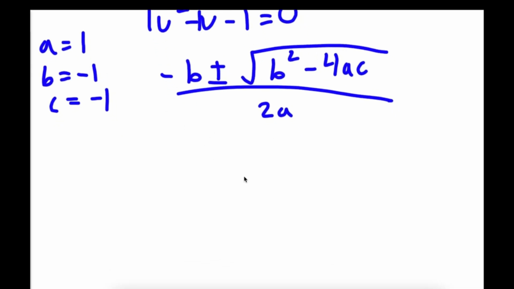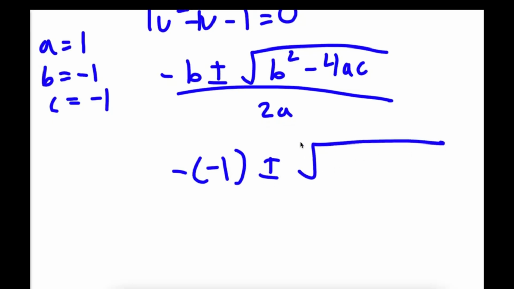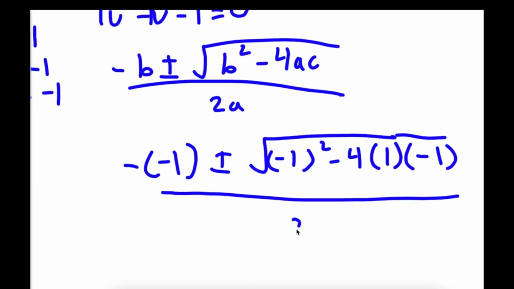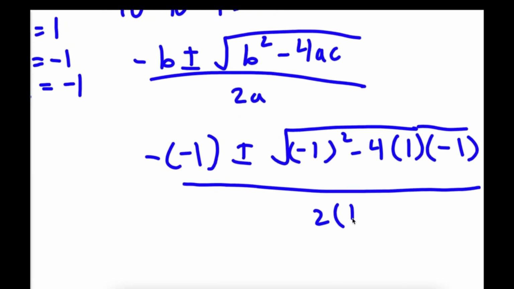So now if I plug this in, I get negative 1 plus or minus the square root of b squared, which is negative 1 squared, minus 4 times a, which is 1, times c, which is negative 1. And I'm dividing this by 2 times a, which is 1.